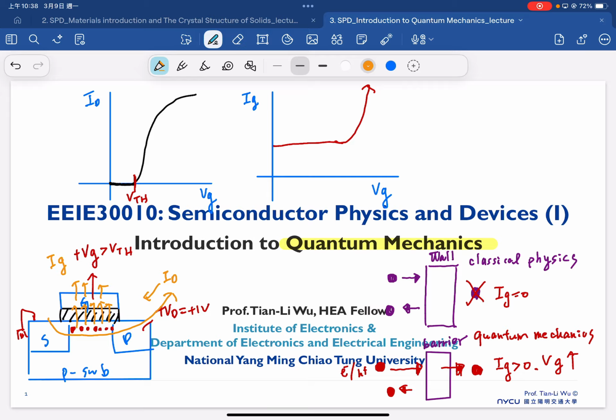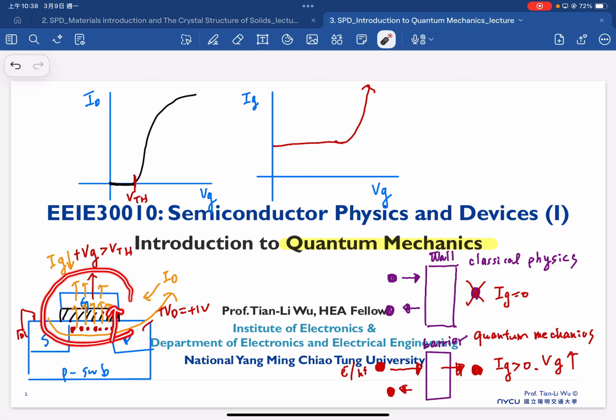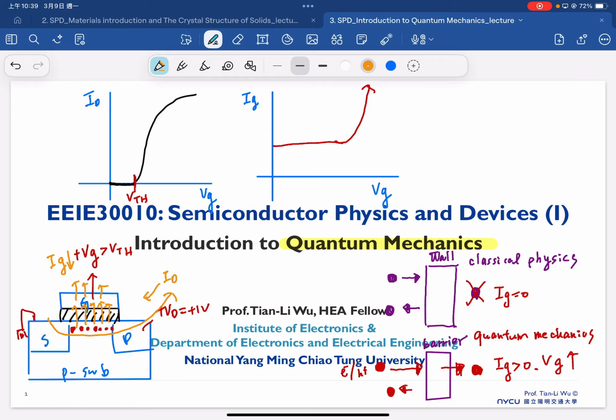Still the same, this arrow is the electron direction, but the current direction is the opposite of the electron. So the current direction will be into our device, but the electron direction will be out of the gate. So that's the reason why we can say this carrier can penetrate the dielectric and reach the gate side and become leakage current. And that's why we see this kind of IG-VG characteristic. And this phenomenon is called tunneling.